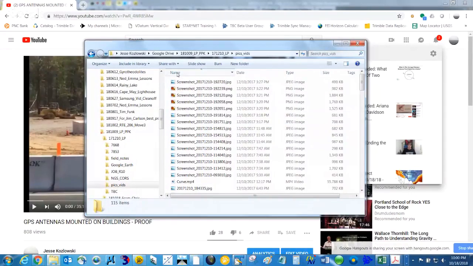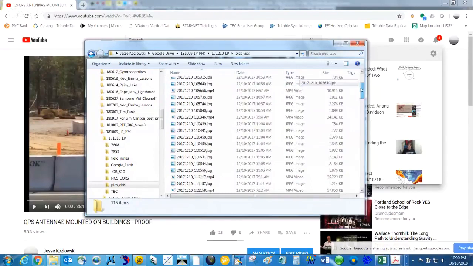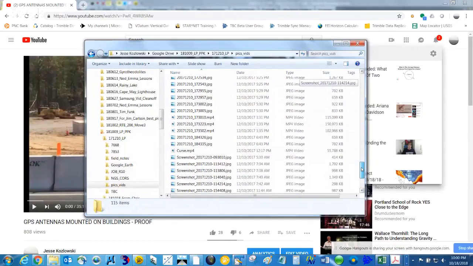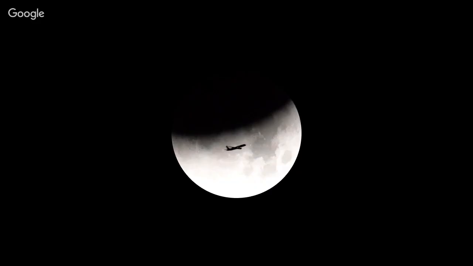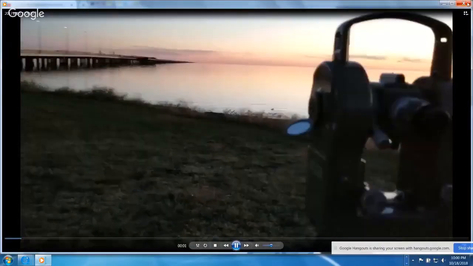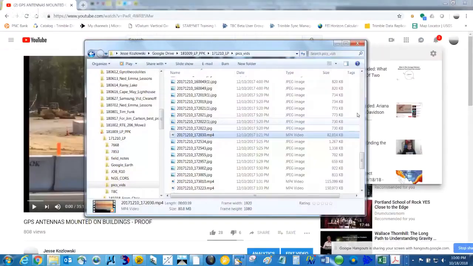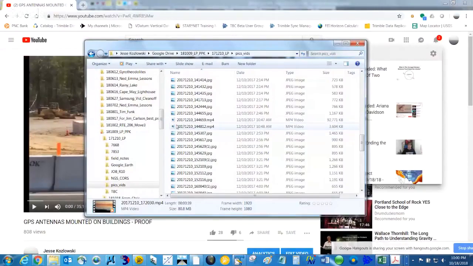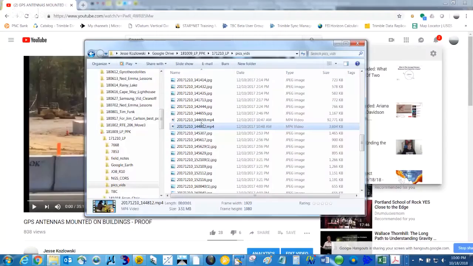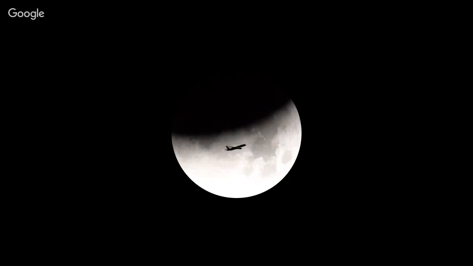It's the movie of the GPS receiver on the vehicle driving across Lake Pontchartrain. You did that early in the day, in the morning, right? Or early afternoon. We did the triangulation later. It's got to be after that one, when we went from this side to the other side to the night shots.